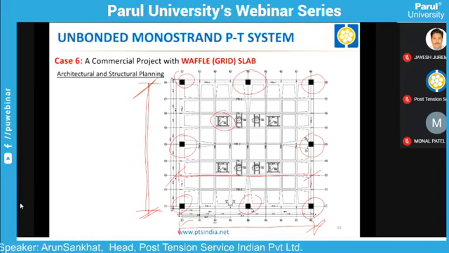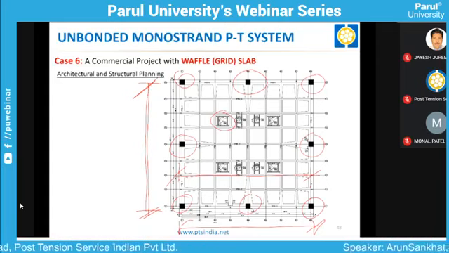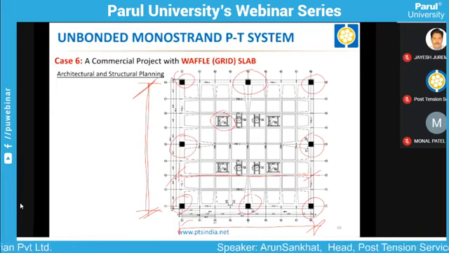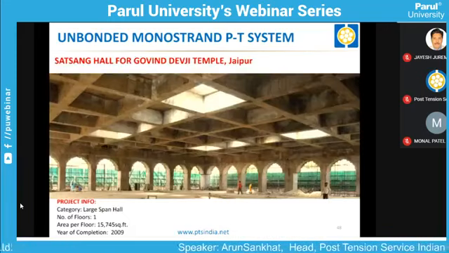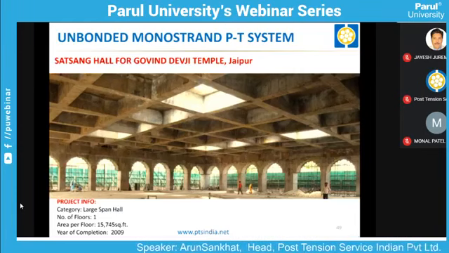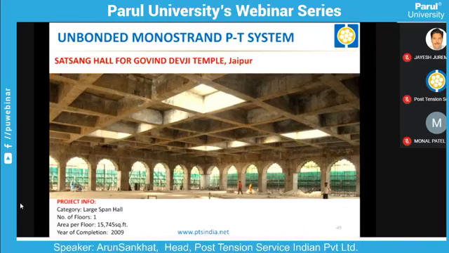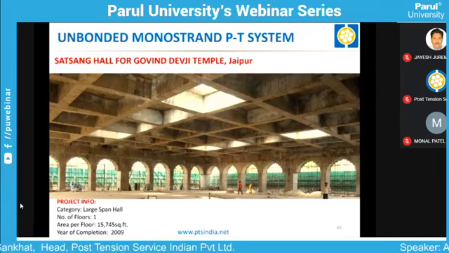So ultimately the depth restriction was there, and we could minimize the depth, and it went through based on the client and architectural requirements. So this is the image of the same building. You can see that it has been in operation. The year of completion is 2009, and you can see the hugeness of this building.